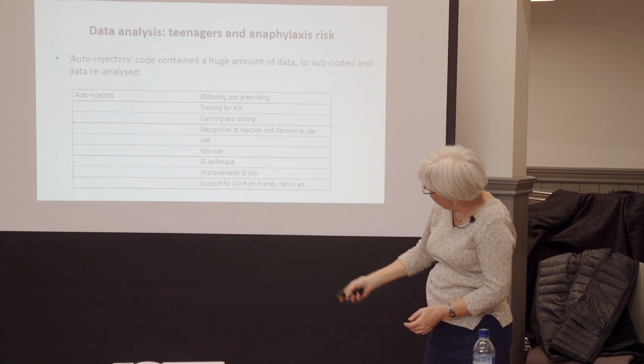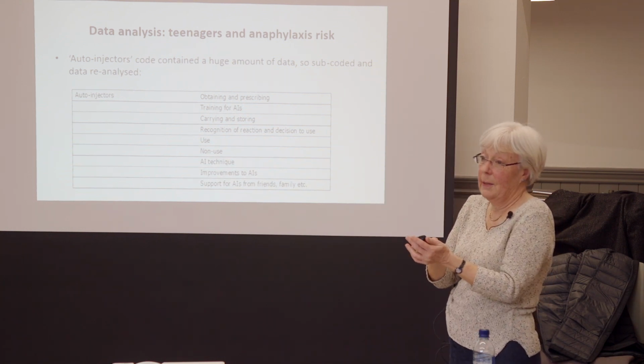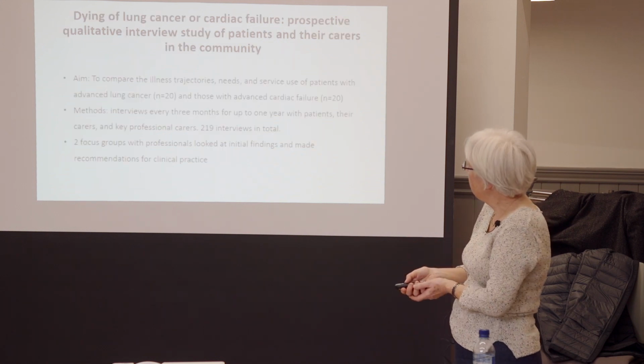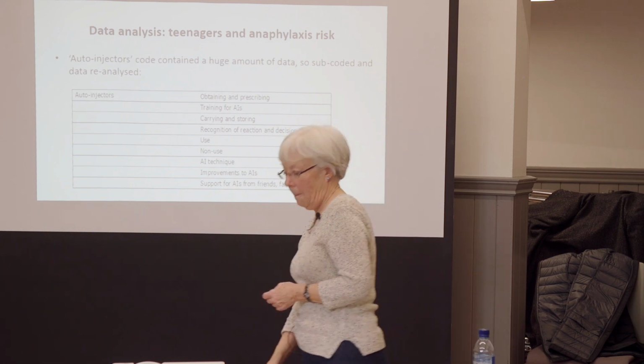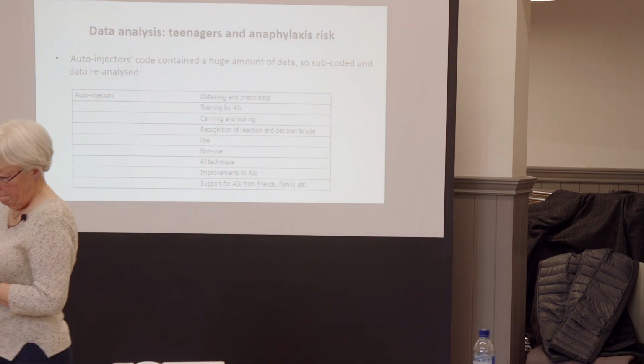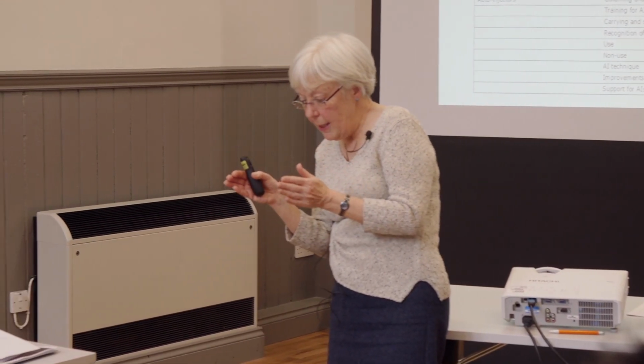So these are things that are talked about regularly by almost all your participants. Okay. So these codes are based on the experience or previous literature? These are based on the data. So you read your data and you say, everybody talks about auto-injectors, so obviously that's the top level code. And then you look at how they talk about their auto-injectors. So some of them are talking about why they carry them.